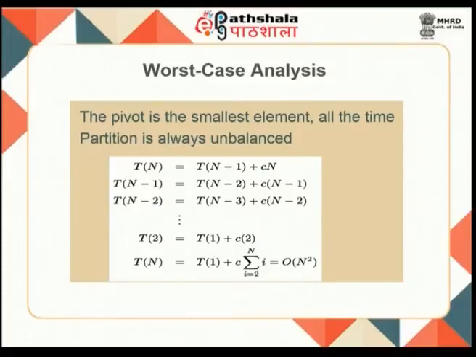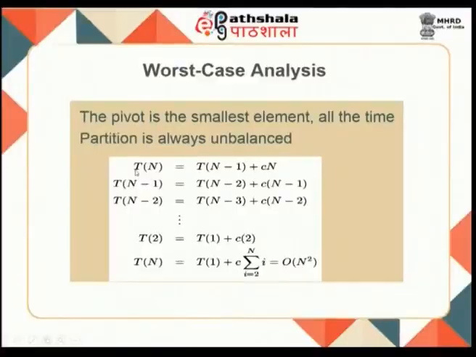For example, let us say the pivotal element happens to be the first element. That means your left hand side list S1 consists of 0 elements and all the elements go to the right hand side. If that is the case, then the partitioning is going to be worse.